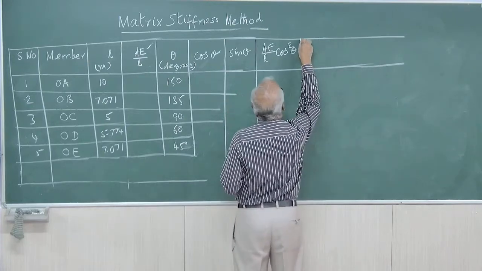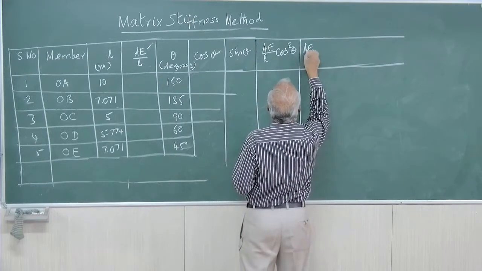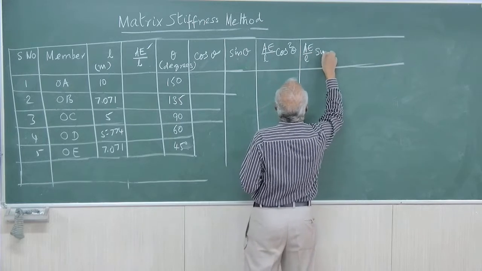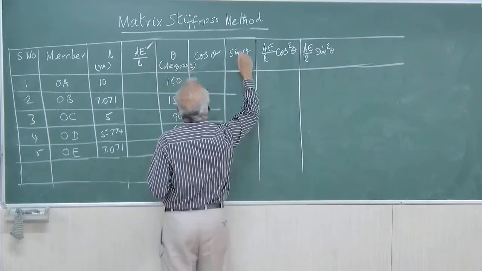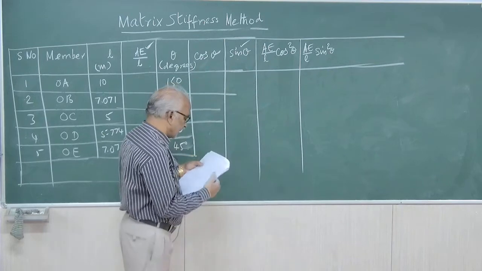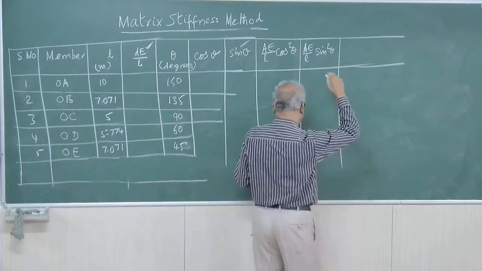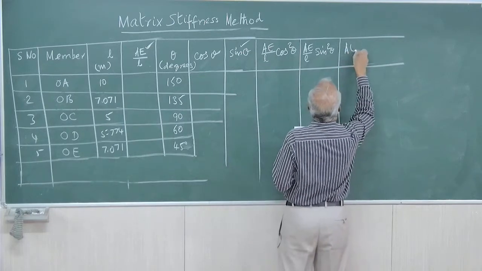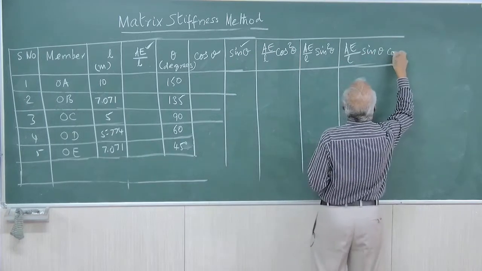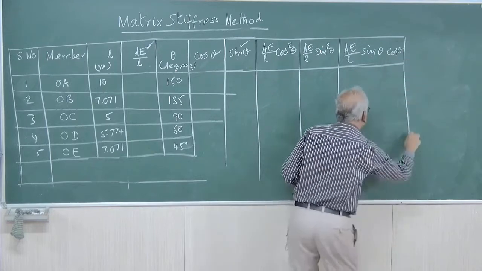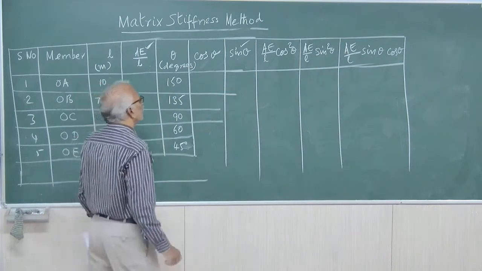So this is one value. Then AE by L into sin square theta, because AE by L is available here and sin theta is available here. So we can calculate AE by L sin square theta. That value is another value. Then AE by L sin theta cos theta. The viewers need not get confused, because these are all the formulas.